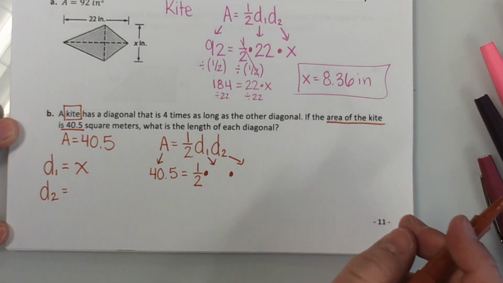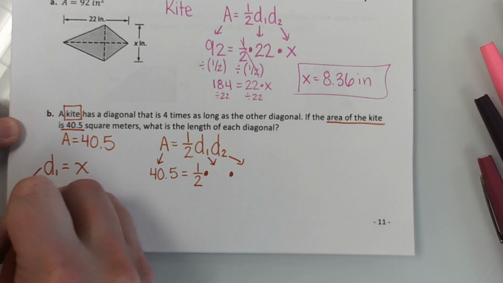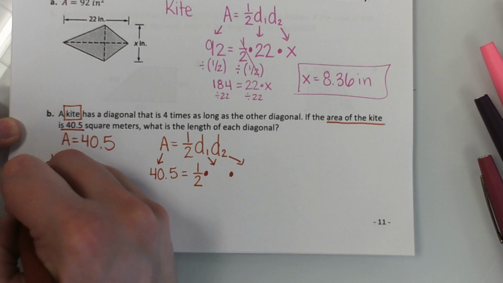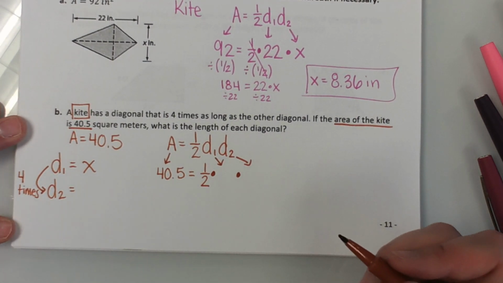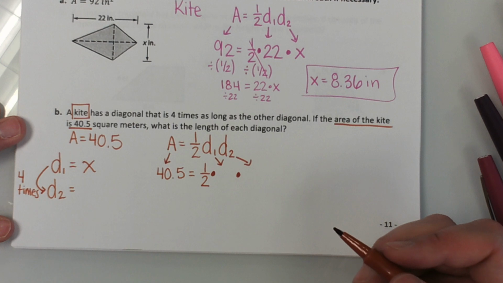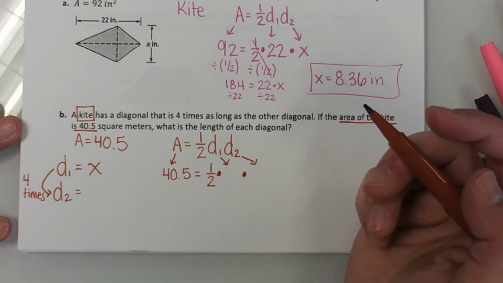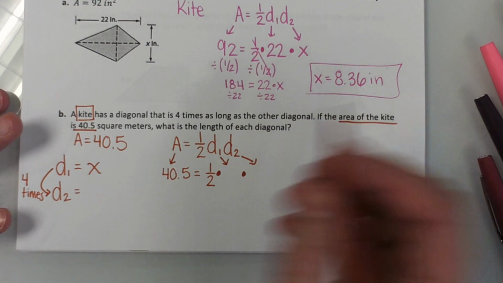How did it say the diagonals were related? It said to take 4 times as long, which means you take the first diagonal and do 4 times it. 4 times x or 4x.